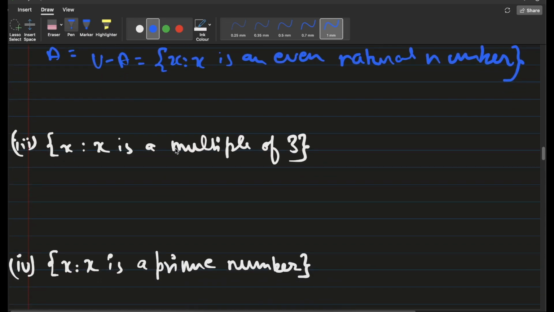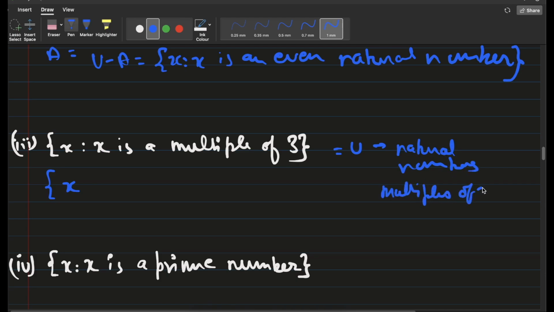X such that x is a multiple of 3. Now we have been given that our universal set consists of natural numbers. Okay. And now we are removing multiples of 3 from it. Multiples of 3 we do not want. So we will be left with only those which are not multiples of 3.